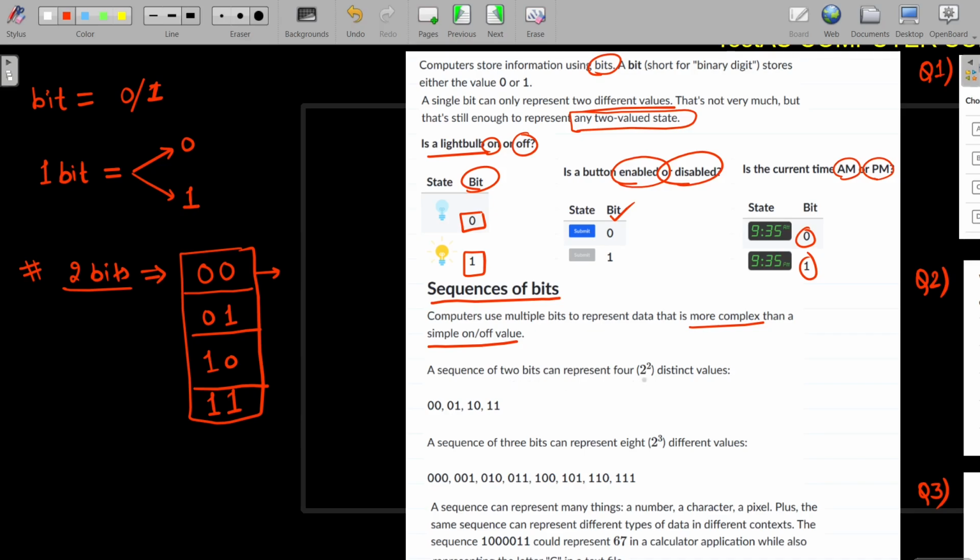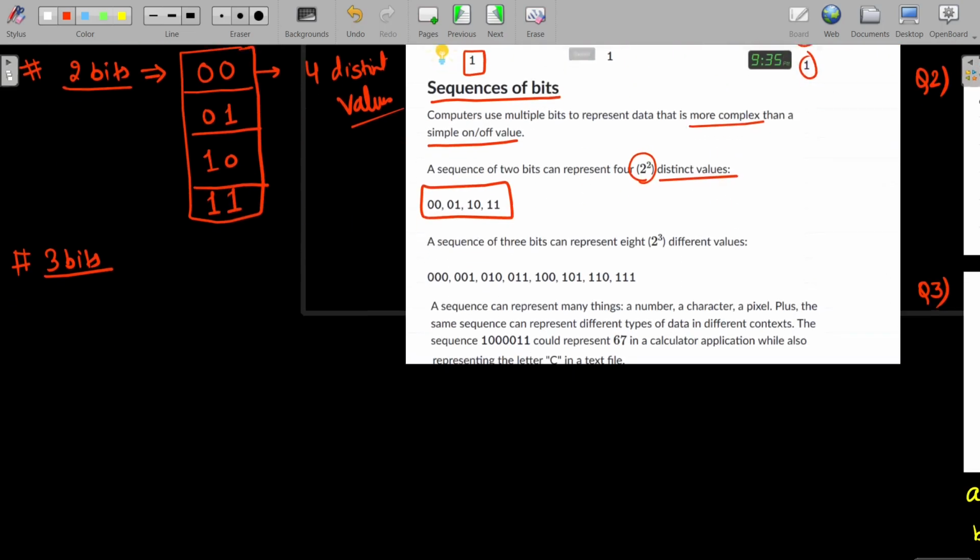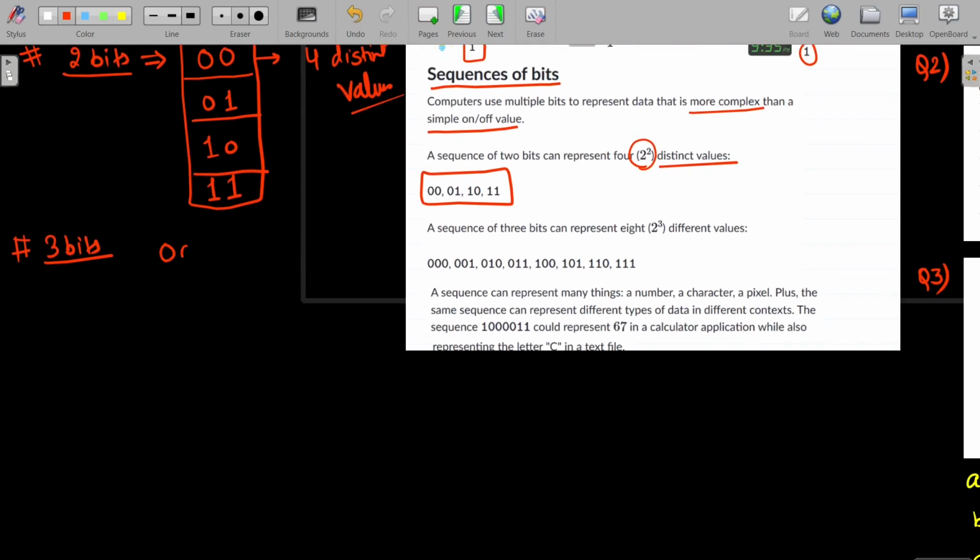A sequence of two bits can represent four, that is 2 raised to power 2, distinct values. So as we have discussed, this can handle four distinct values for four different cases. Four distinct values, and the cases are written here. Similarly, if we have three bits, how many different situations can we handle, how many different cases can we manage?